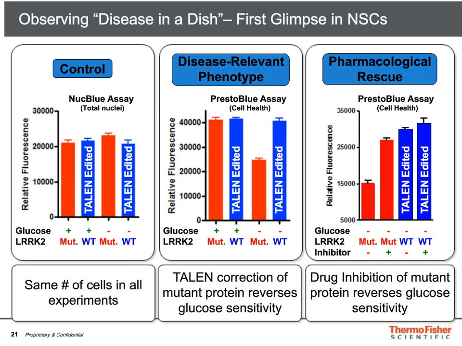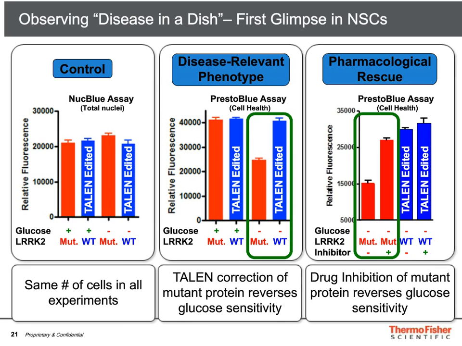As we edited those cells with the TAL effectors, now we've reversed that glucose sensitivity in those cells, showing the expected result. And then to confirm that, we took those same cells and used a LRRK2 inhibitor drug to show that we can now rescue that phenotype from the TAL edit, showing that we reversed the glucose sensitivity.